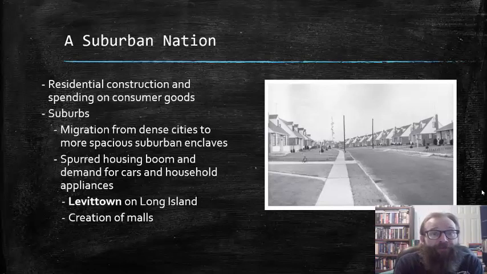Much of this new residential construction took place in new planned communities, suburbs that were a manifestation of a new desire of particularly middle and upper class Americans to migrate from densely populated cities to more spacious suburban enclaves. This spurred a housing boom and demand for cars and household appliances. One of the first of these planned suburban communities was known as Levittown on Long Island.